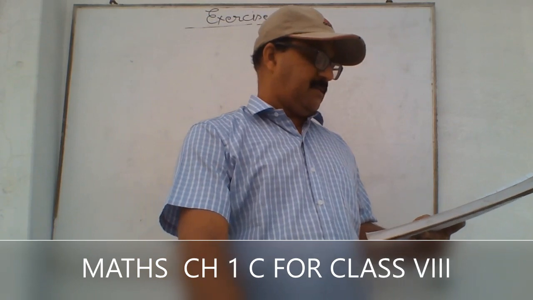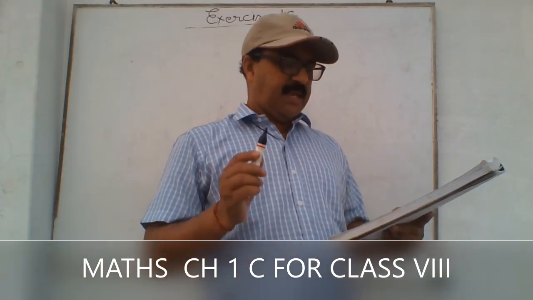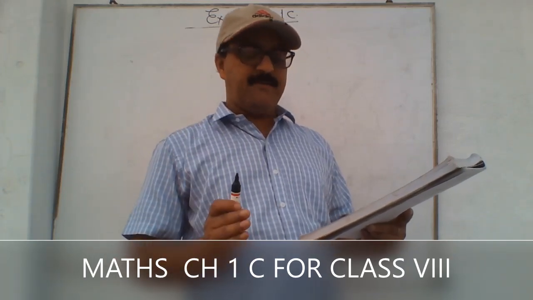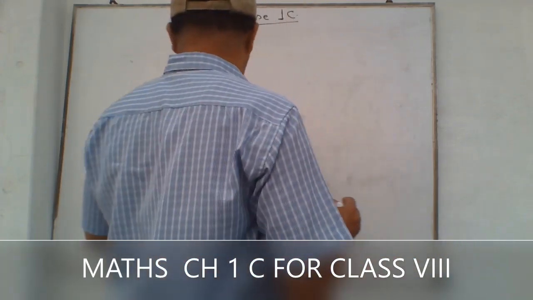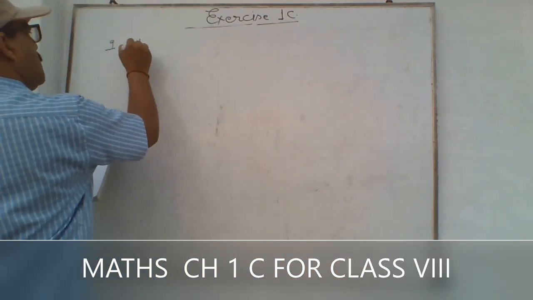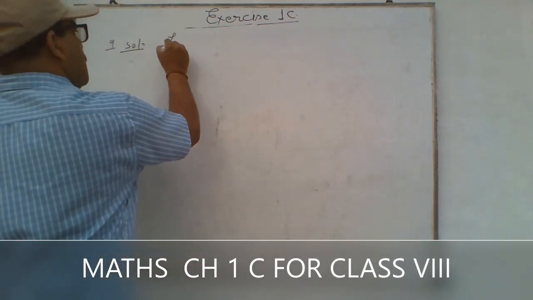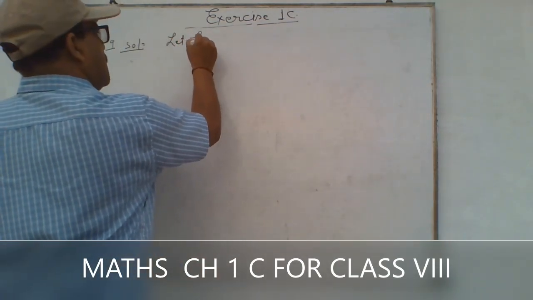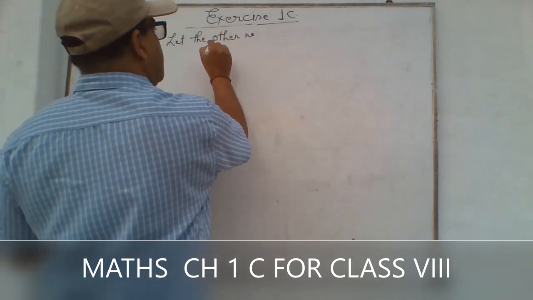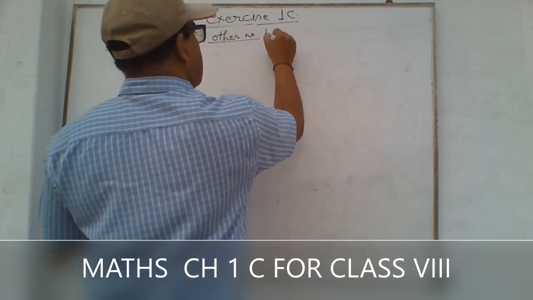Question number 9. The sum of two rational numbers is minus 2. If one of the numbers is minus 14 by 5, find the other. Let the required number be x.